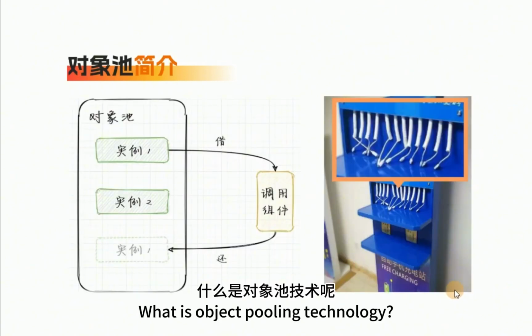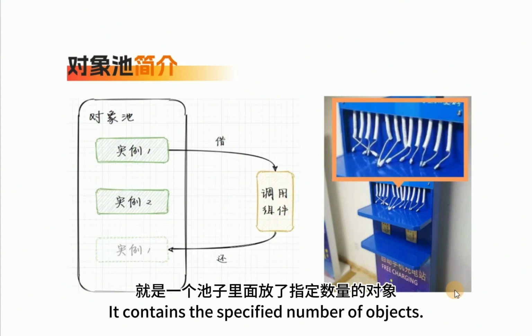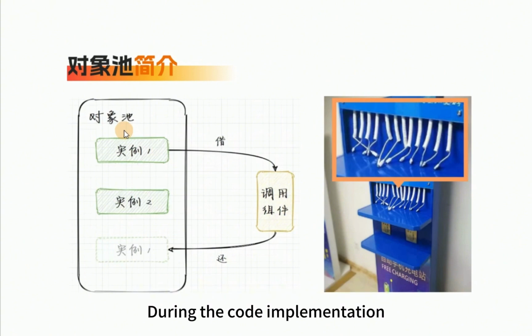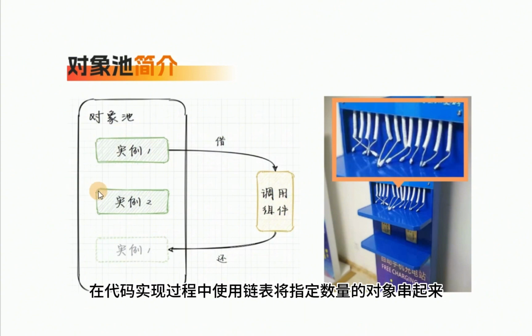What is object pooling technology? The so-called object pool is just a pool. It contains a specified number of objects. During the code implementation, we string a specified number of objects together using a linked list.